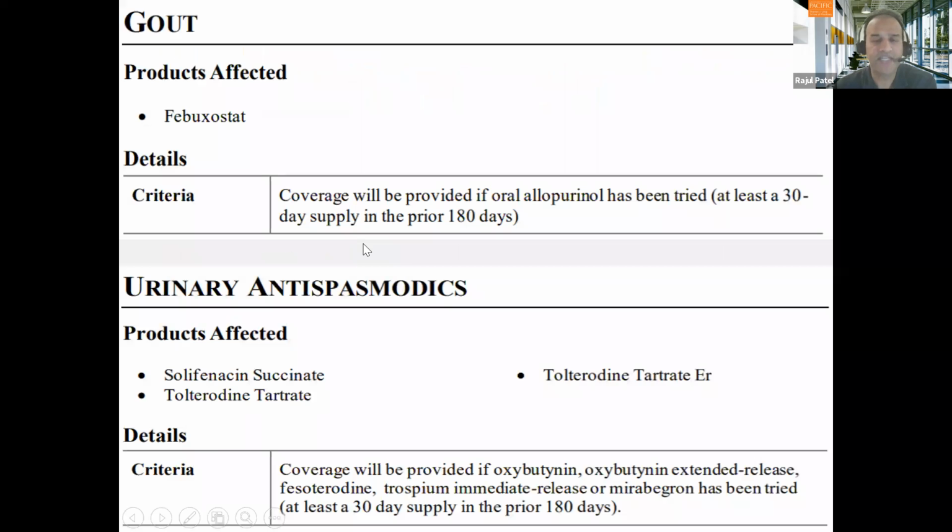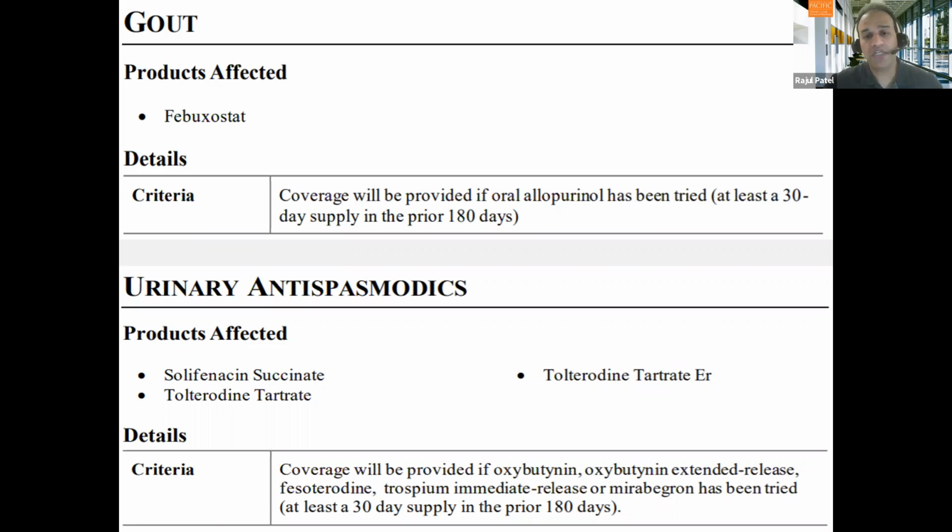So you can see here a couple of examples. Febuxostat is only going to be covered under another plan if the patient has tried oral allopurinol, and you can see in the PA criteria, at least 30 days in the last 6 months. And the other ones, solifenacin and tolterodine or tolterodine ER, which are different medications for incontinence.